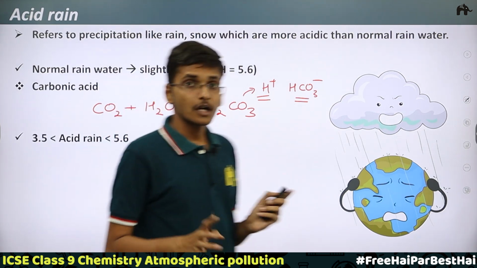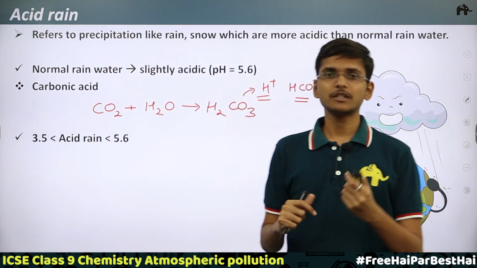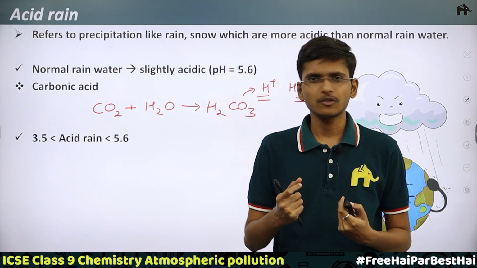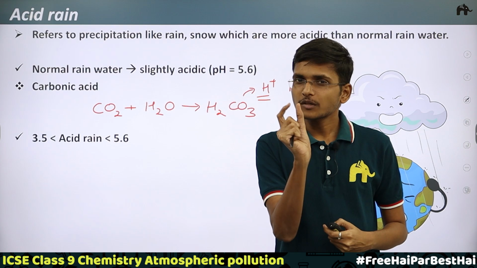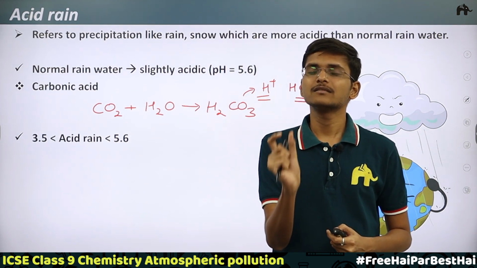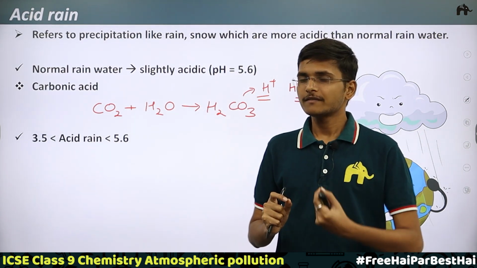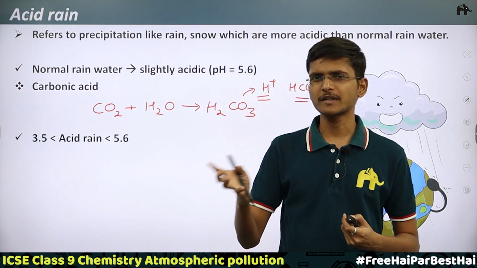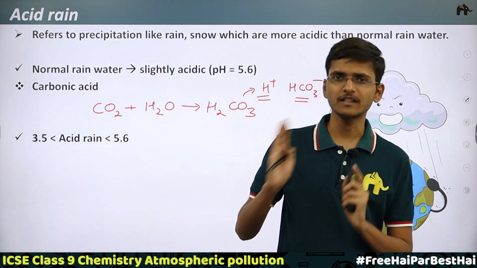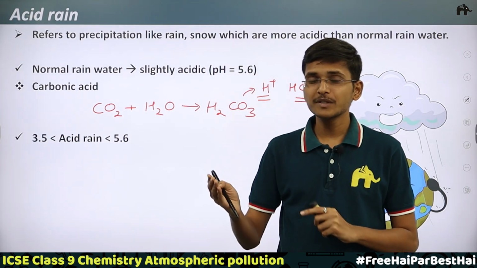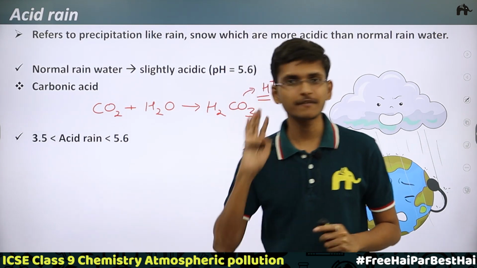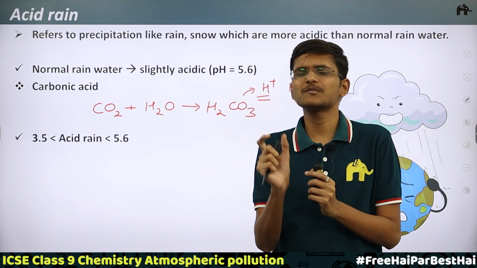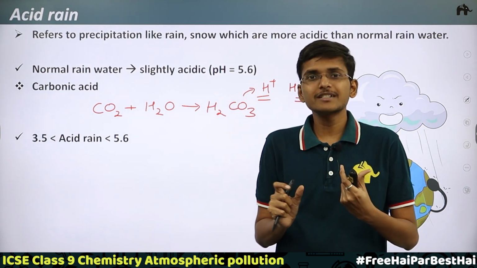Coming back to the point, you would be wondering in what pH range acid rain falls. I have already told you acid rain is simply the form of precipitation like rain or snow which is more acidic than the normal rainwater. More acidic means the pH should be less than 5.6, definitely. But mostly the acid rain's pH falls between 5.6 and 3.5.